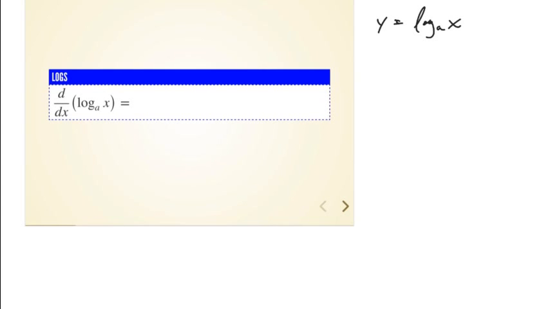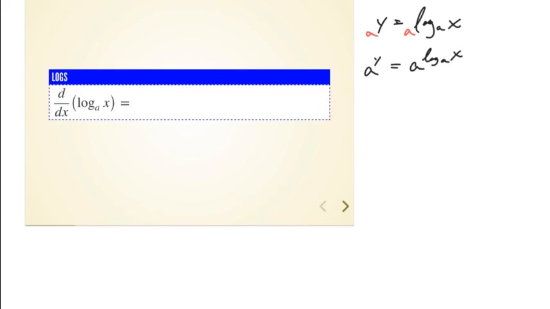Now, what I'm going to do is a little algebraic trick: make a the base of both sides, and both sides of the equal sign become the exponent. So really what we're looking at is a to the y equals a to the log base a of x.